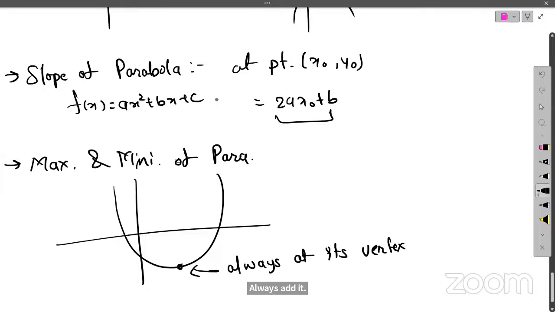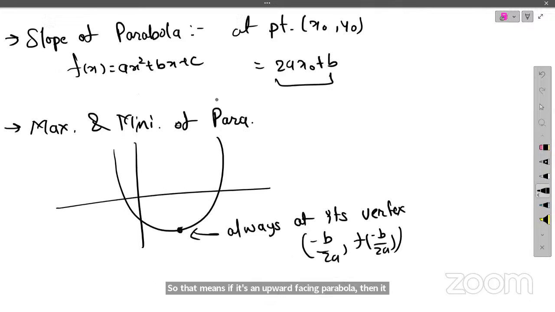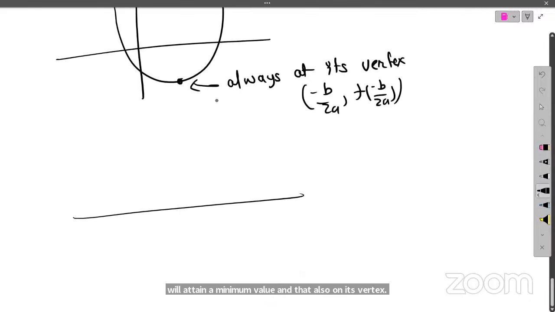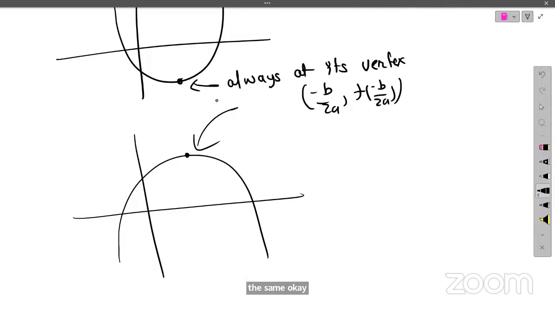We know the x coordinate of the vertex is given by minus b by 2a, and for the y coordinate, you can find the value of the function there. So if it's an upward facing parabola, then it will attain a minimum value at its vertex. If it's a downward facing parabola, then the maximum value occurs at its vertex in the same way. Okay, so that's all about the parabola.